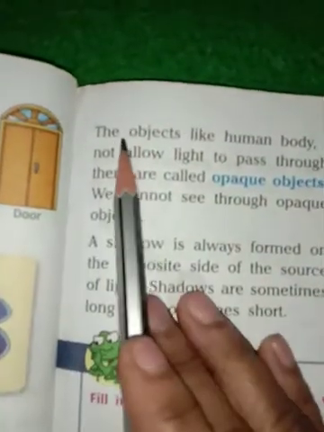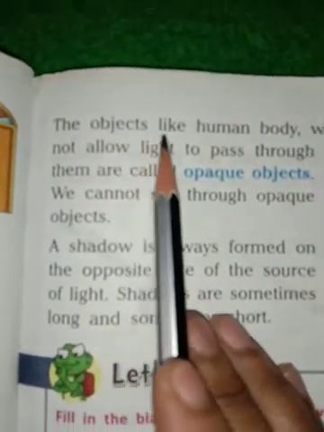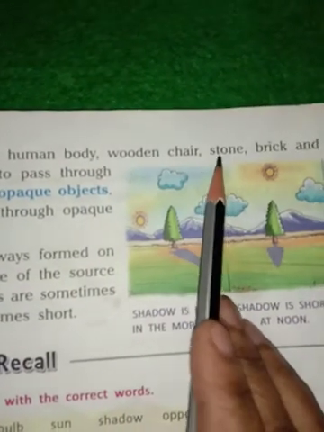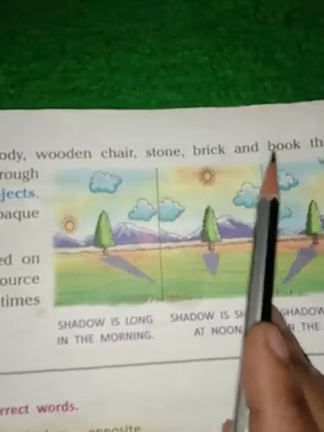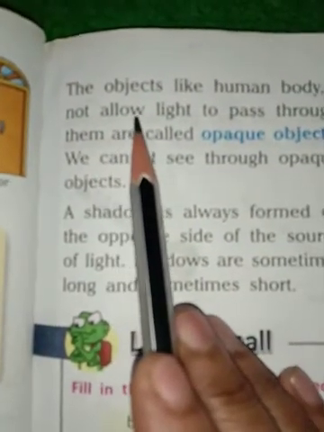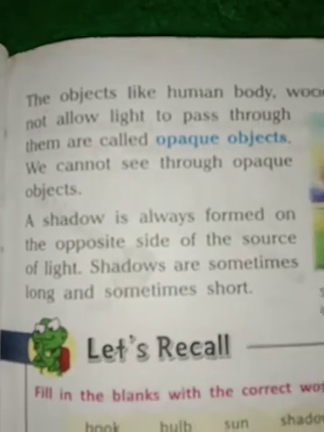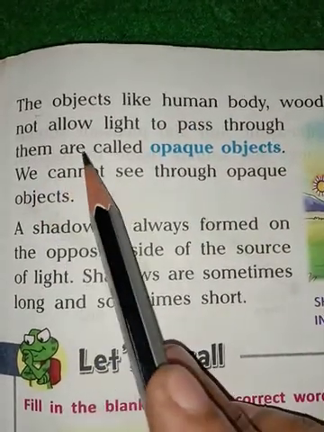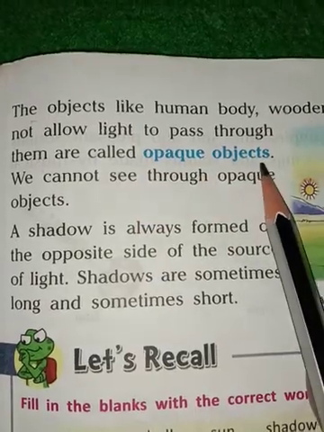Okay, now the objects like human body, wooden chair, stone, brick and book that do not allow light to pass through them are called opaque objects.